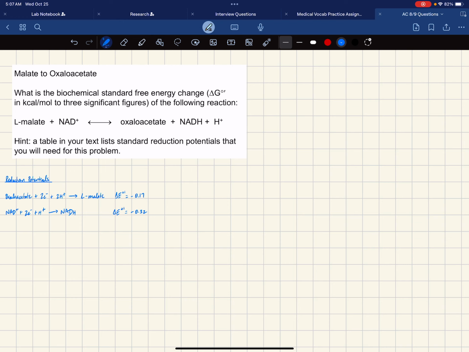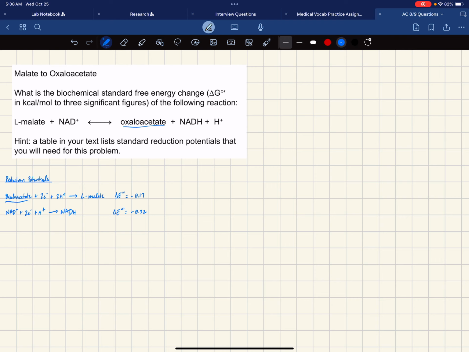So I've already listed the reduction potentials here from the textbook. And so we're looking for the delta G naught prime value for this reaction. And so based on the reaction potentials that I have, I know that I'm going to need to flip my top one because oxaloacetate is a reactant here and it's a product here.